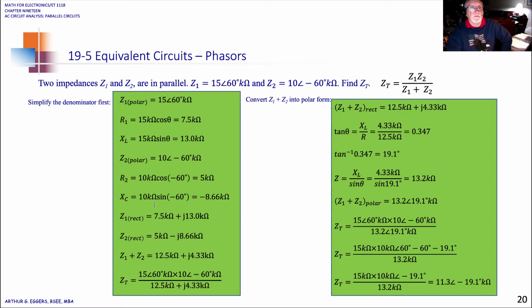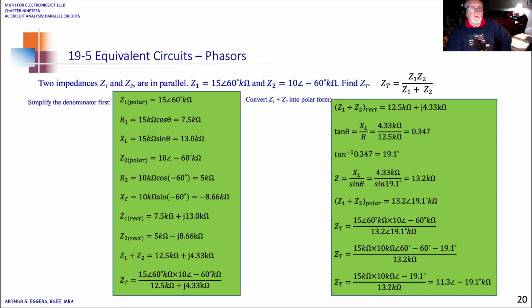So now we can put it back together as Z1 and Z2, but now in rectangular form. We just take all the terms we just found, 7.5 and 13, go in the first one. 5k and minus 8.66k go into the second one.